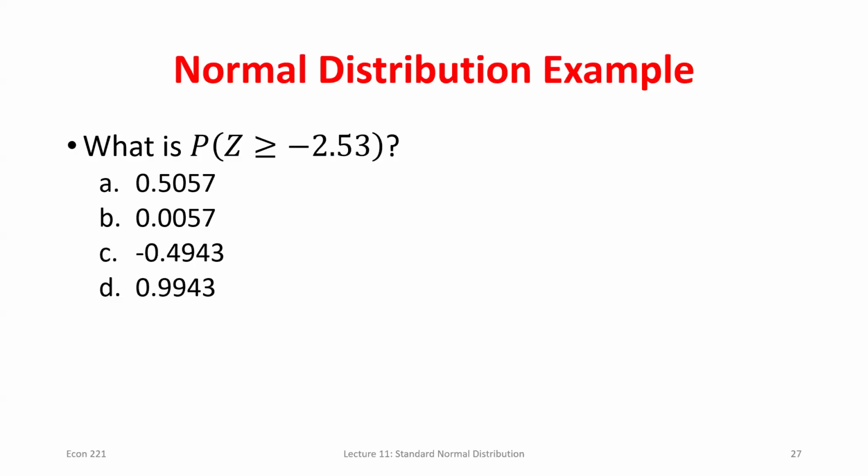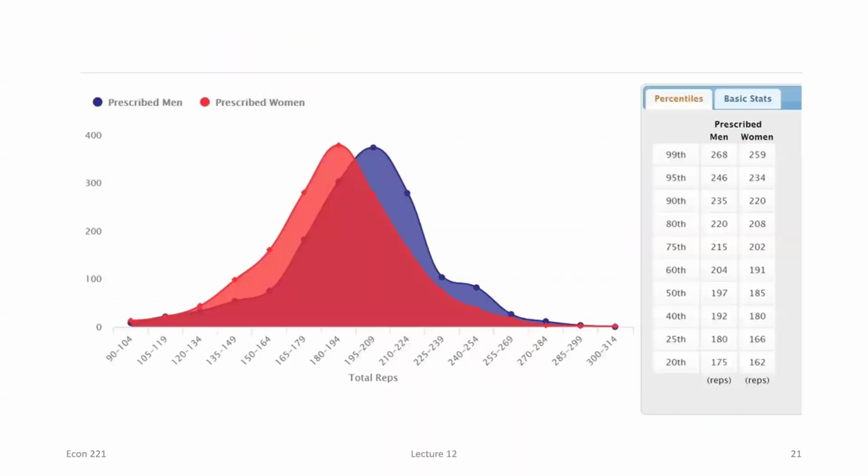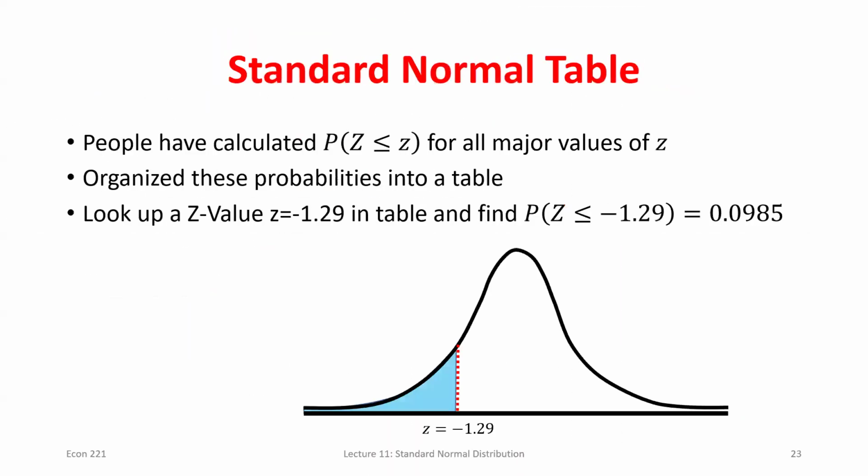Now, the area to the left is not what I'm looking for here. What am I actually looking for? The area to the right. So for that z-score of negative 1.29, sorry, we'll go back. For the area to the left of negative 1.29, what's the area to the right? Well, if this is approximately 0.1, the area to the right would be 0.9.